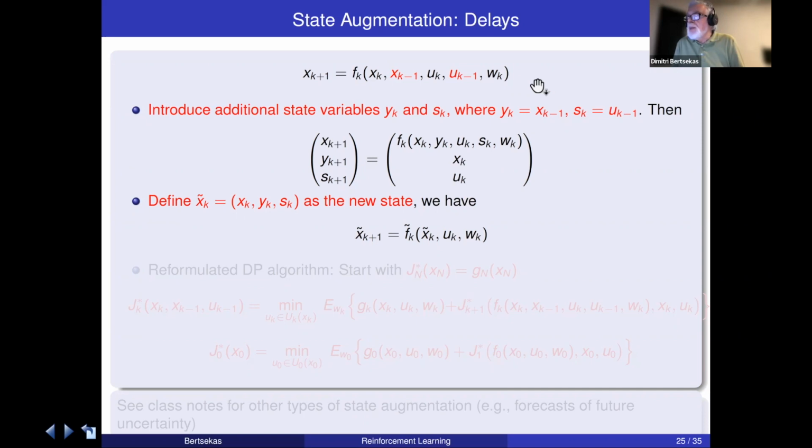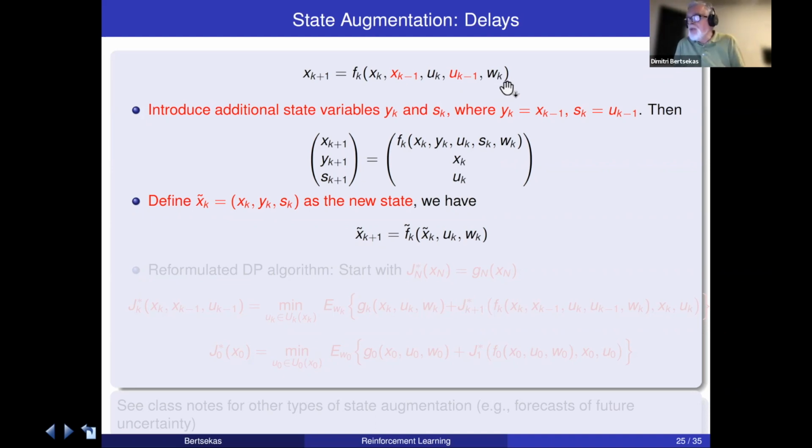There may be delay of multiple units in other cases. This is a common situation in many contexts, particularly in chemical process control, where you do something now, but its effect on the state does not manifest itself until later, like a minute later or an hour later. You change a variable now, and it takes some time for the flow of material to get to the point of interest where it has an effect. Very common problems with delays.